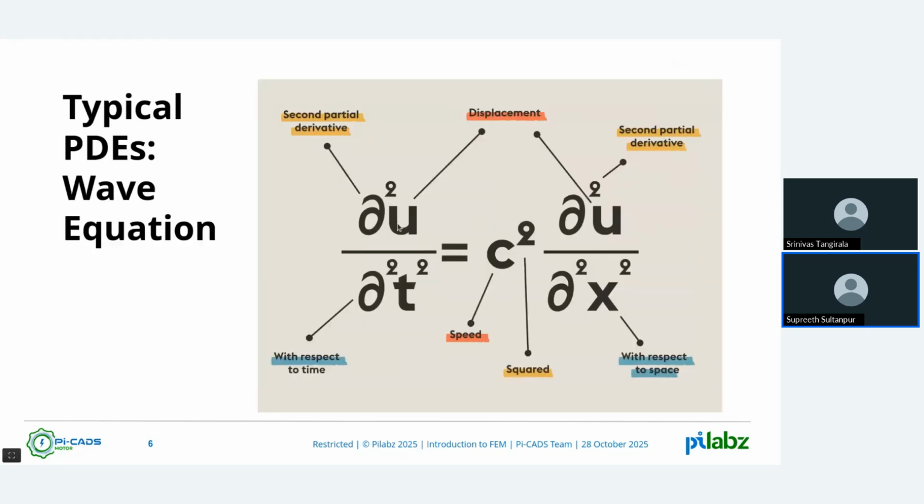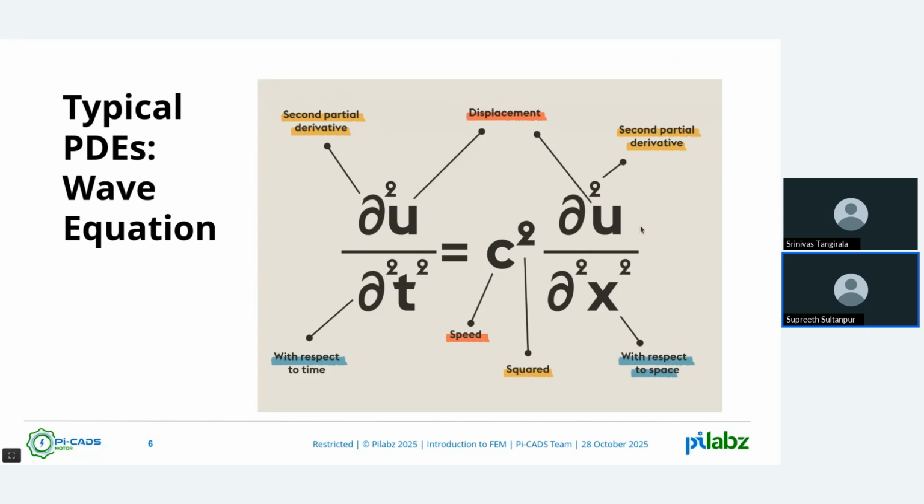Here u is, say, displacement and t is time, c squared is the speed of the wave squared, and x is the position. So here we see that displacement u is dependent not just on time, but also on the position of the point on the string.